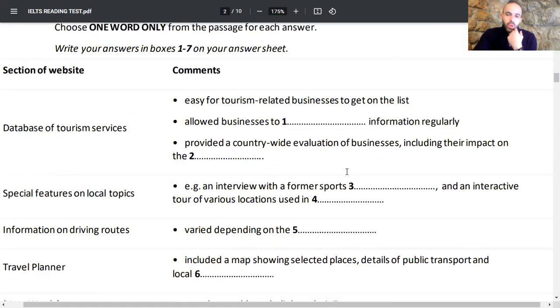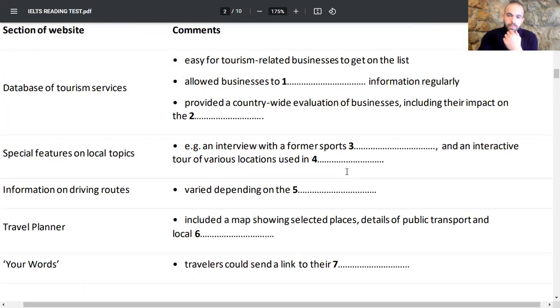Now I want you to follow the same strategy for number 3 and 4, and even number 5. I guess 3, 4, and 5 are present in paragraph 3. So the answers of 3, 4, and 5 are found in paragraph 3.